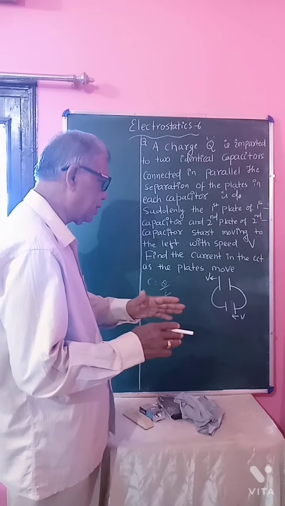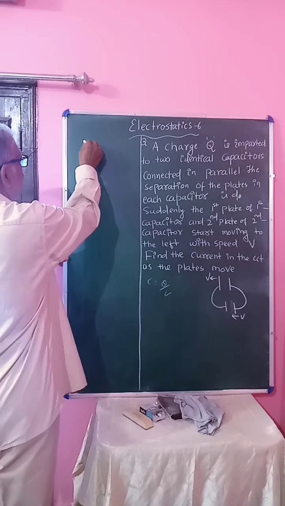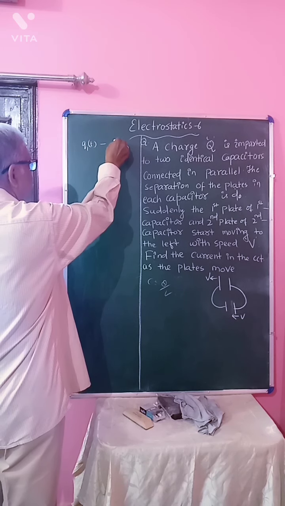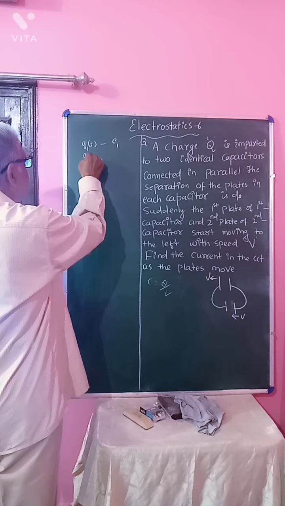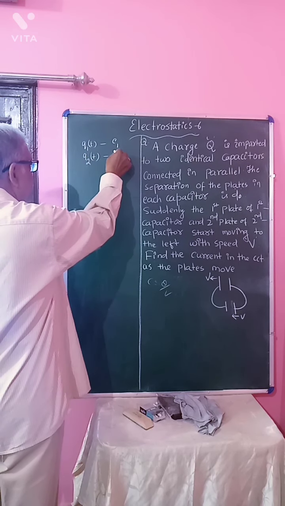Let us derive an expression for the current. Let Q1 as a function of time be the charge on capacitance C1, and Q2 as a function of time be the charge on capacitance C2.